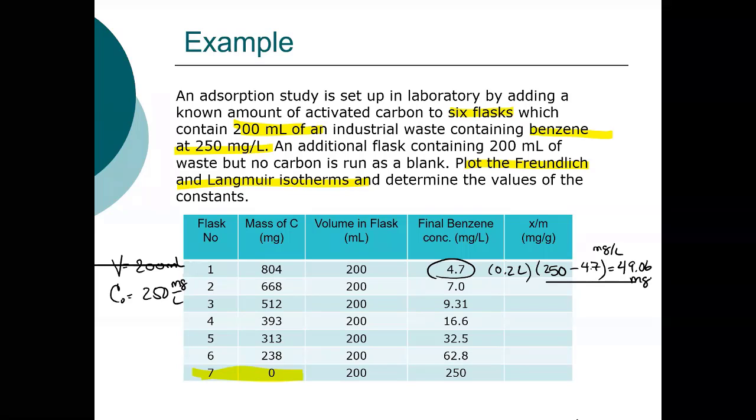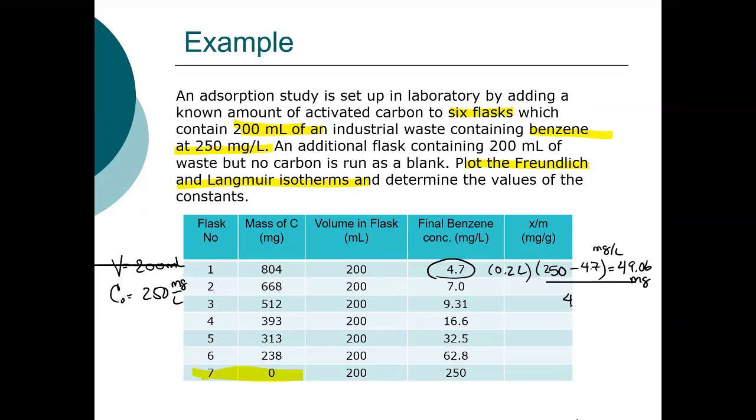So this is the mass of benzene that is sorbed. So if we take 49.06 divided by 0.804 grams, so this is milligrams, this is grams, that is 61.02 milligrams of benzene per gram of activated carbon.